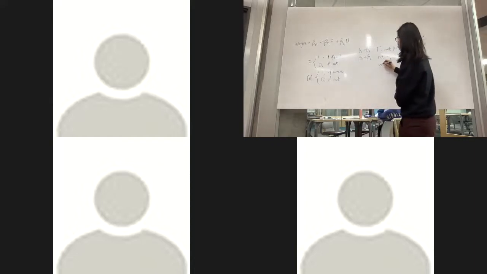When you have not female not minority, you would have beta 0. And when you have female minority, you would have beta 0 plus beta 1 plus beta 2.